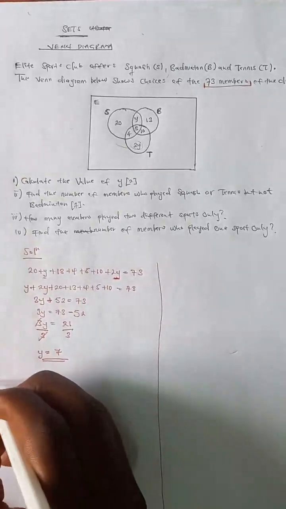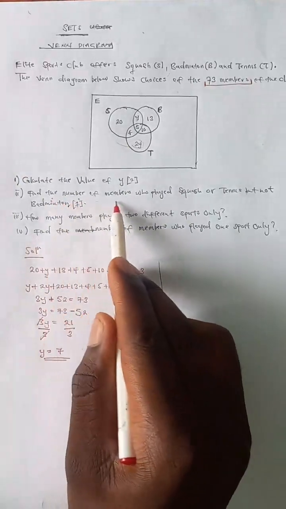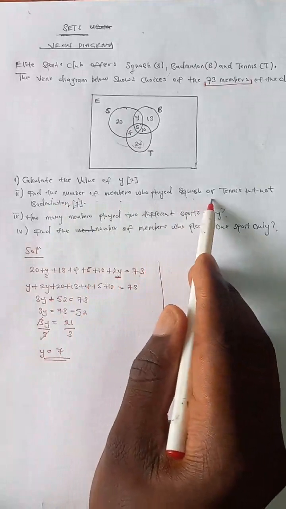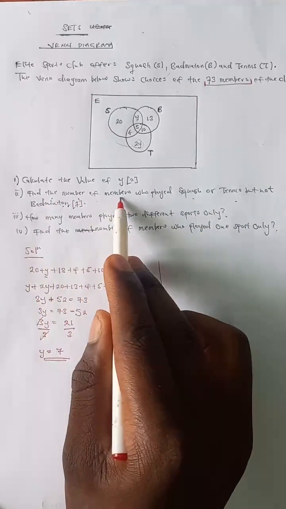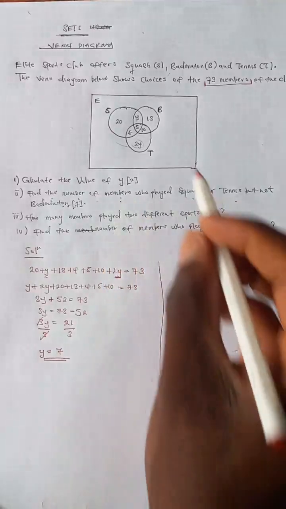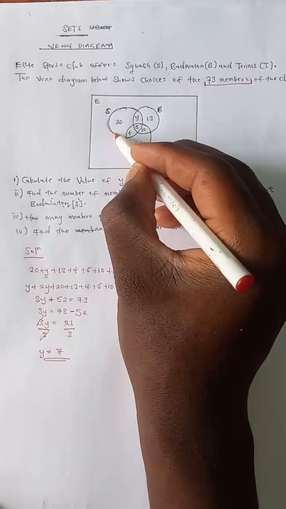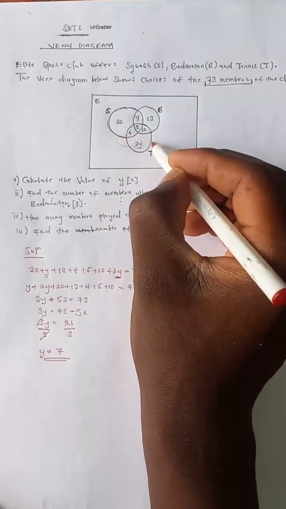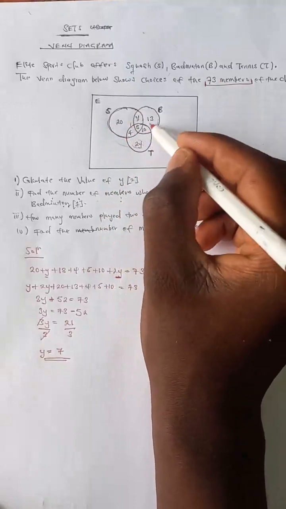Let's move on to Roman numeral 2. Find the number of members who played squash or tennis but not badminton. We're only interested in those who played squash and those who played tennis, and they did not play badminton.